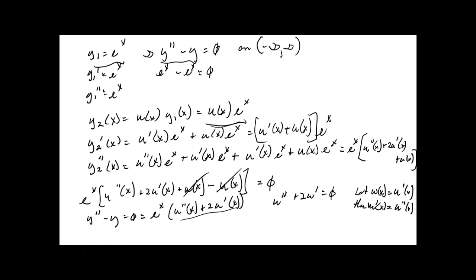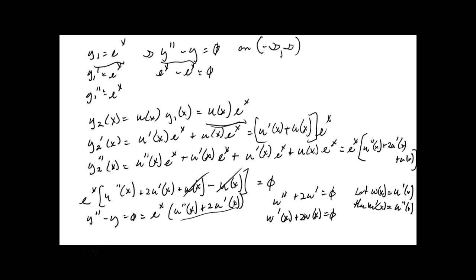So now, rather than this function, we have w prime of x plus 2w of x equal to 0. Well, now we've dropped from a second order to a first order differential equation. That's what we need to solve.